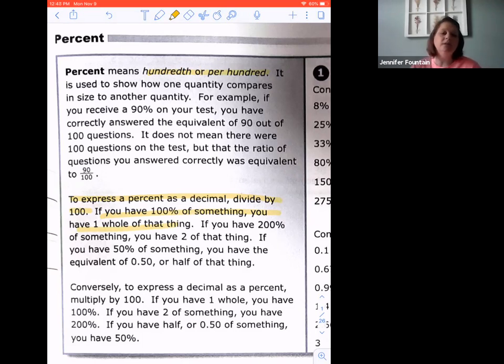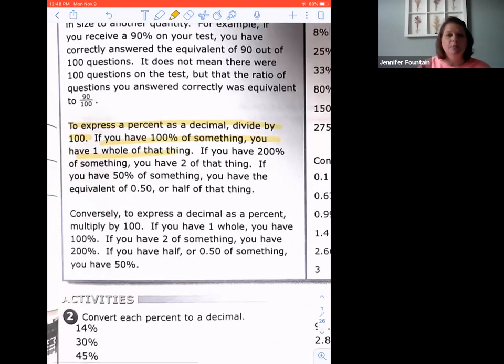Okay, so we're going to be looking at things that we're judging based on percent. 100% means one whole of something. So that means anything under 100% means it is less than the whole item. Anything over 100% means you have something greater than one whole item.